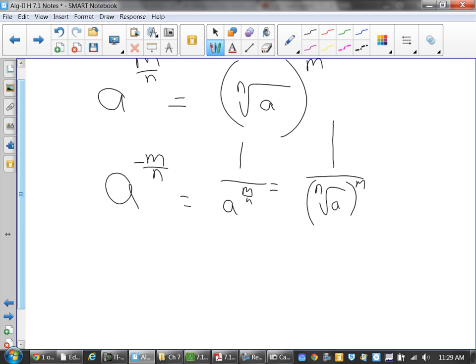Now, what will happen here is that we can use these very simple formulas working back and forth to solve nth root problems by hand, which means you'll be able to simplify things without the use of a calculator.